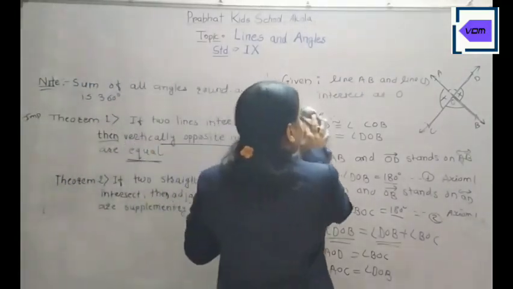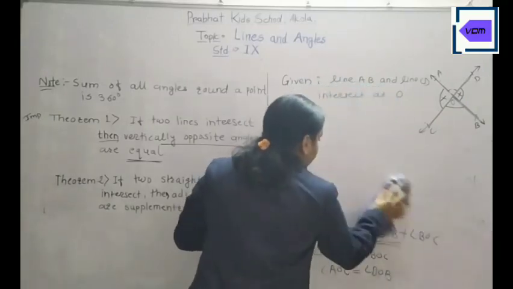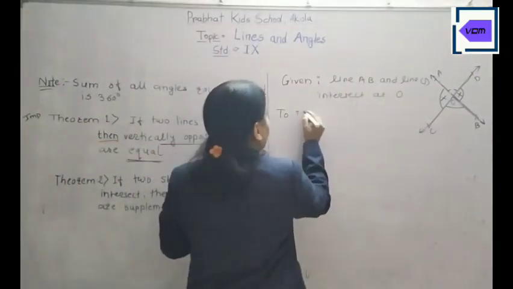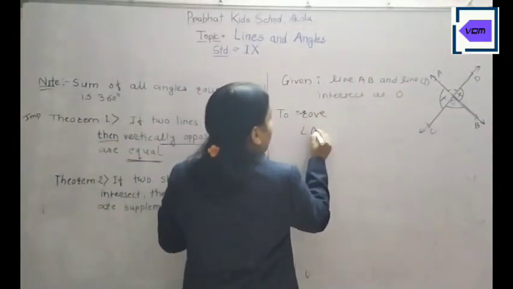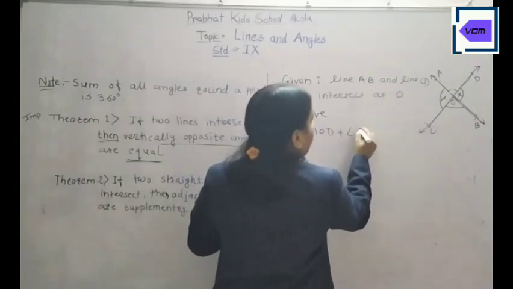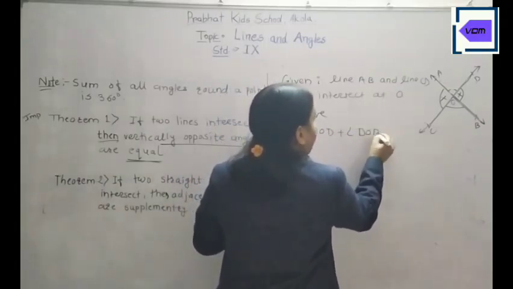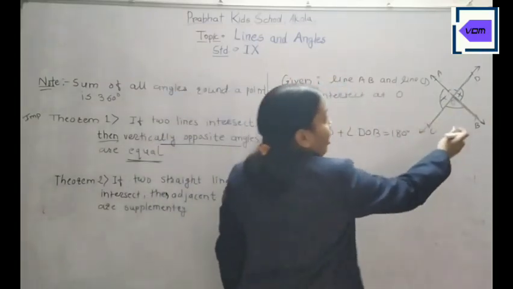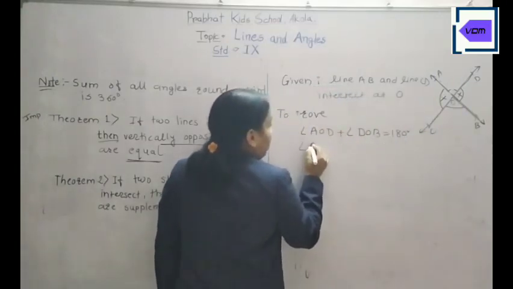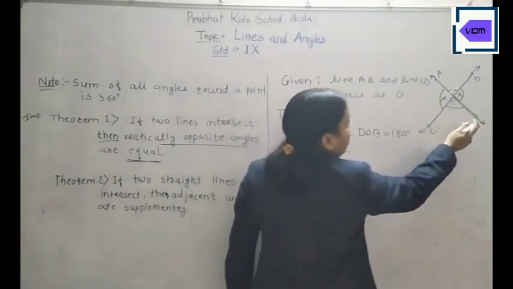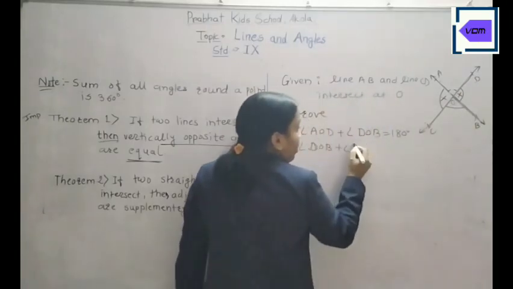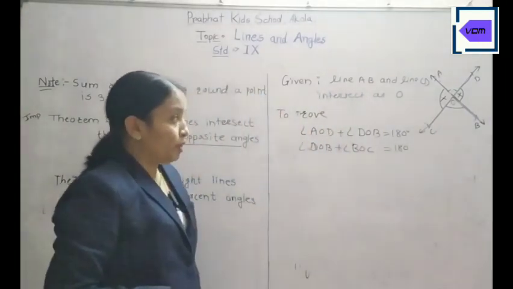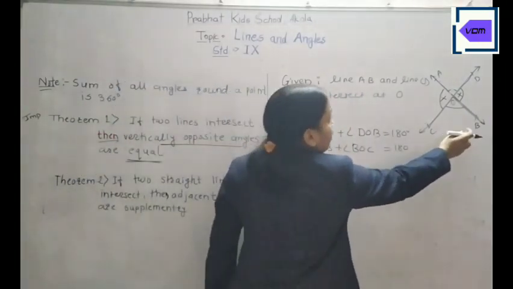Now again these two lines are intersecting. The diagram will be the same. Is it? Now what to prove? You have to prove that angle AOD plus angle DOB is equal to 180, because these are two adjacent angles. Now the angle adjacent to DOB, angle DOB plus angle BOC, is equal to 180, because four adjacent angle pairs are formed.